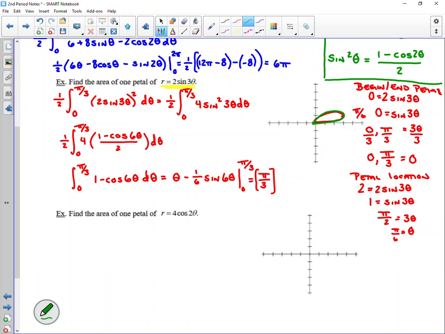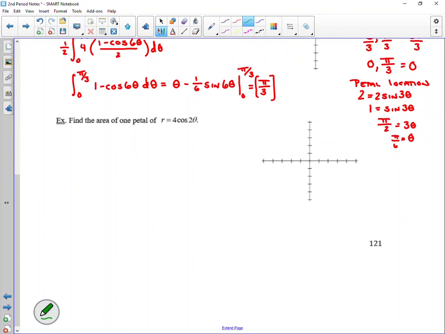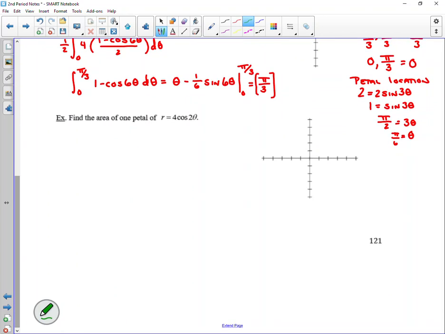But you have to be careful about even number, odd number of petals, and keeping the period. Like if it was odd, then you would always go from 0 to pi for the petals. Mm-hmm. And 0 to 2 pi. Okay. All right. Why don't you try this one and tell me what you get?